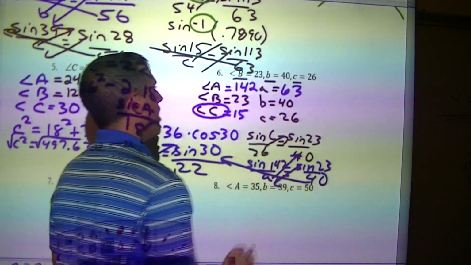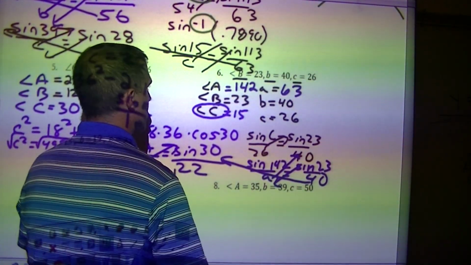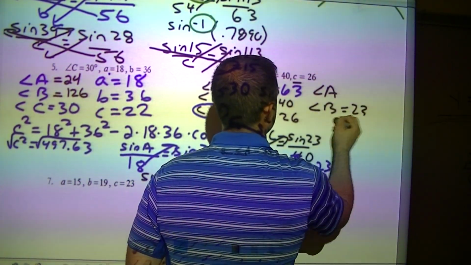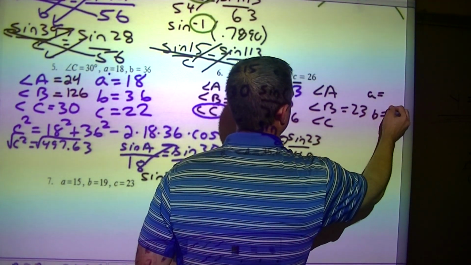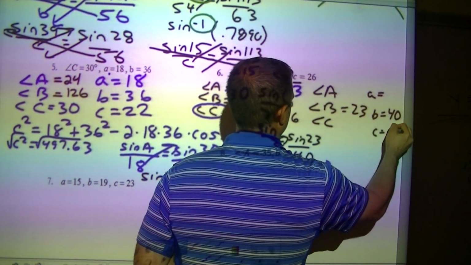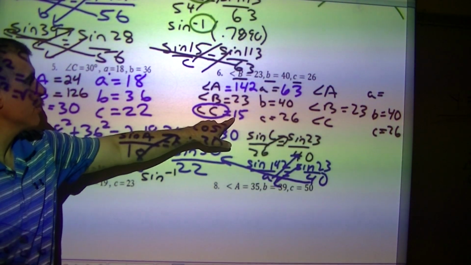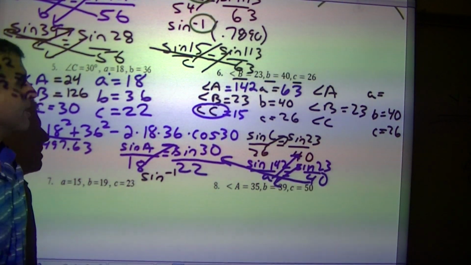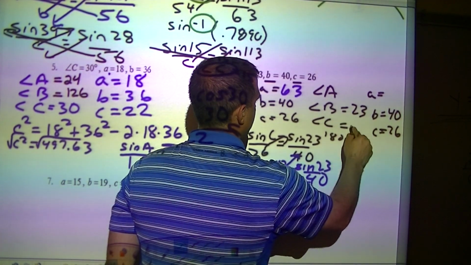Now, since it's a law of sines special case, I'm going to write down everything that they gave me. They gave me angle B. They didn't give me little a, they gave me little b, which was 40, and little c, which was 26. Now, since I found this one, which ended up being 15 degrees, I do 180 minus 15, that's 165.